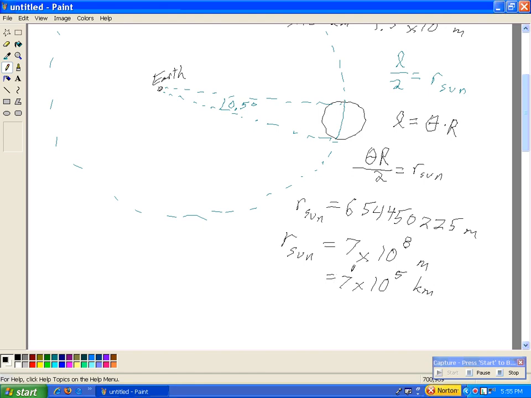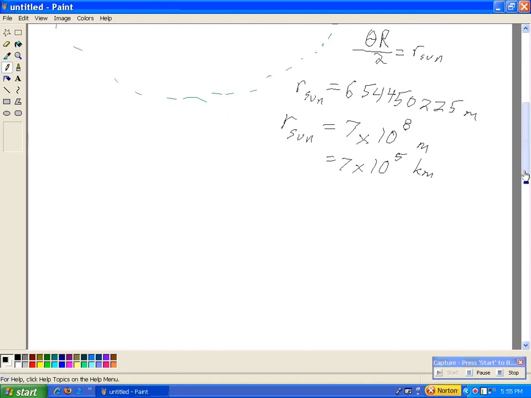Now, if you look at the book, the book tells us what the actual mean radius of the Sun is.